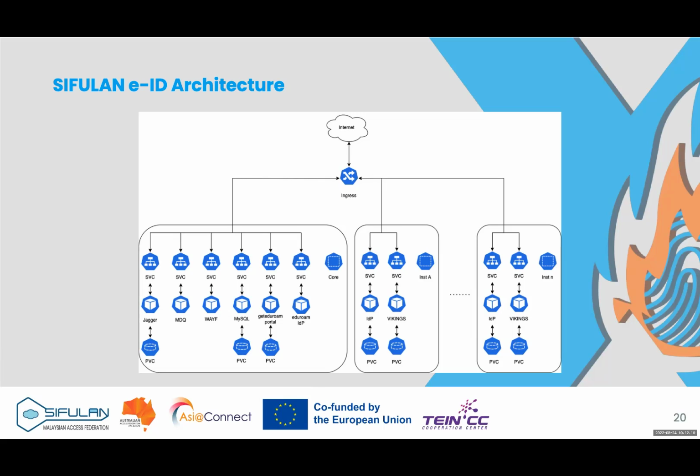The controller needs to connect to the Eduroam IDP. This is a mistake, it's supposed to be Eduroam IDP/SP. So yes, the controller needs to connect to the Eduroam IDP/SP public IP. The reason we need two public IPs is that one is for the ingress, and another one is for the Eduroam IDP.